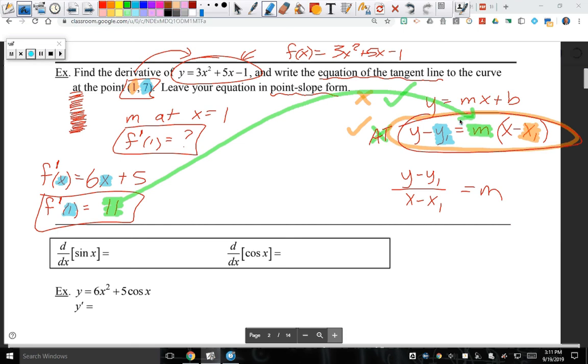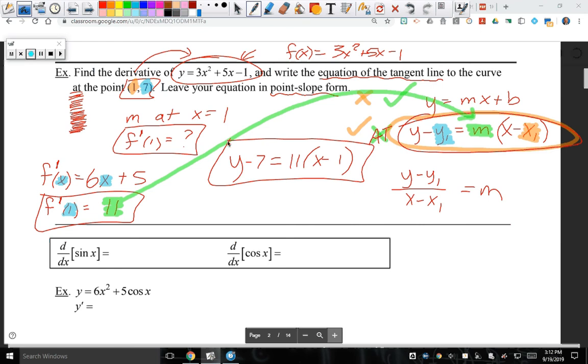So the equation becomes y minus 7 is equal to 11 times x minus 1. And this is good enough for me. Simplify at your own risk. You don't have to simplify this. Some people will look at this and be like, I don't like the way that looks. I'm going to move this over and get a negative 4. And this will be my answer.